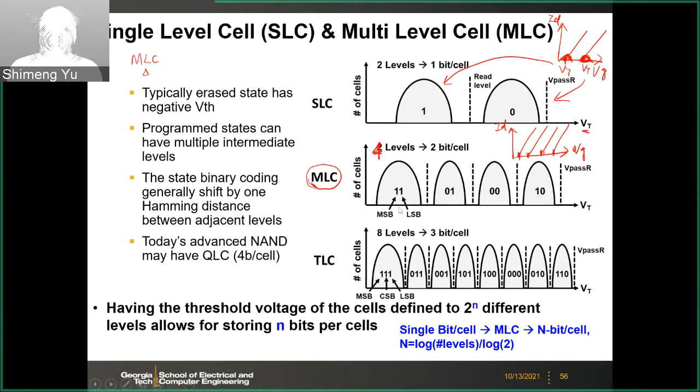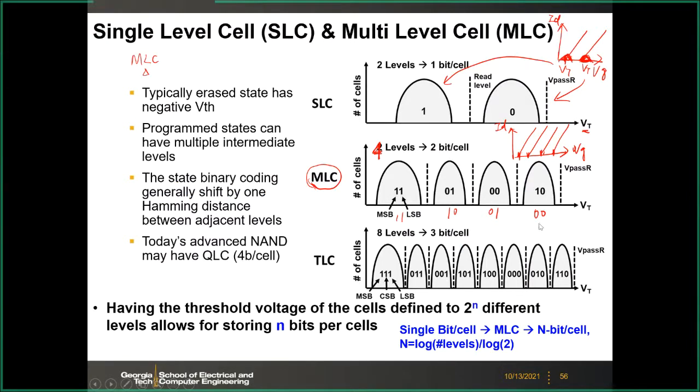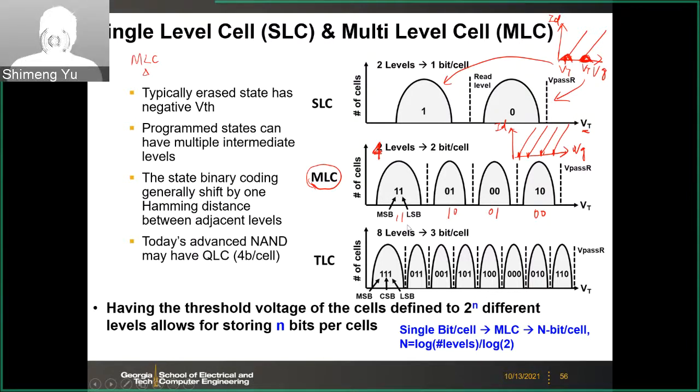You look at here, this is 11, the second is 01, this is 00, this is 10. Why not we do it this way? 00, 01, 10, 11. This is more logical, right? If you think this is like 0, 1, 2, 3, in the binary format, why not follow this order? Any idea?